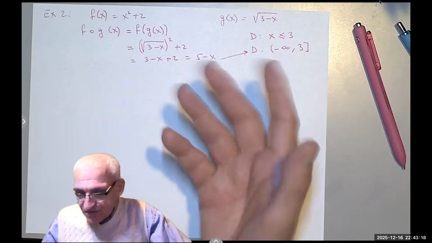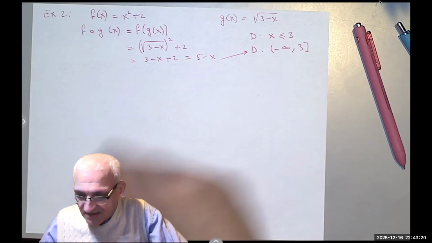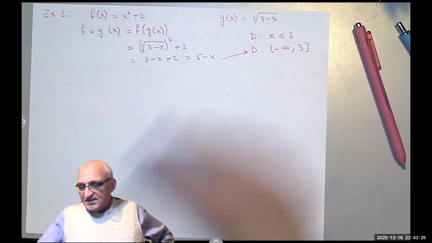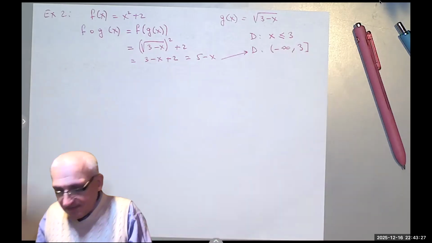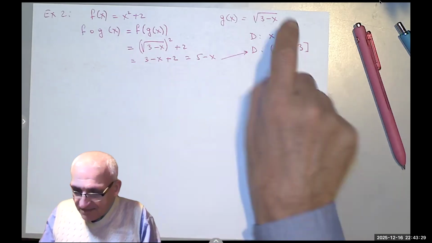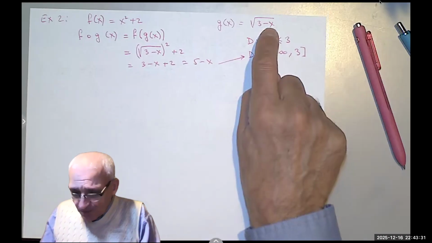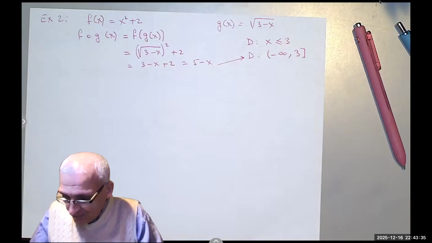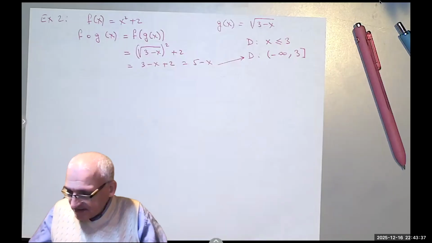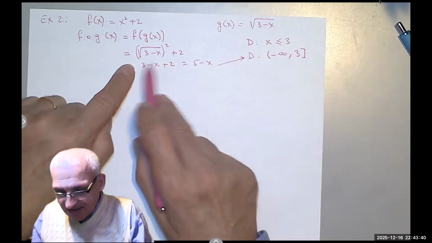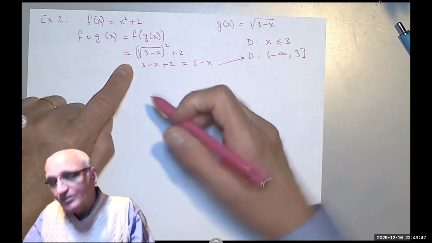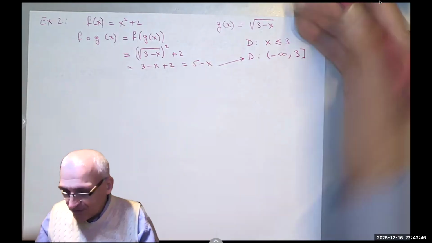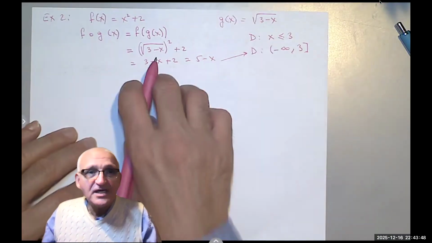And you can see for yourself if x is greater than 3, then we said this one doesn't work. But any other value, it's okay. Okay? So as we said, this function doesn't have any constraints to be added to the negative infinity up to 3, so that stays the domain of this function.